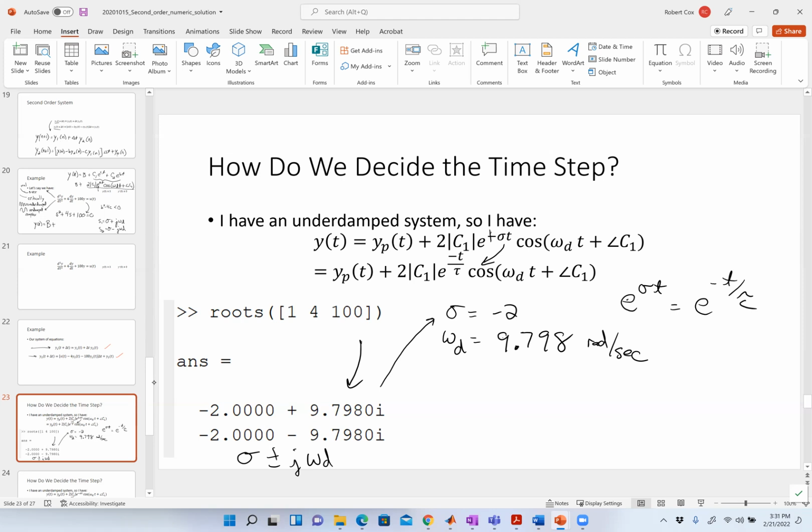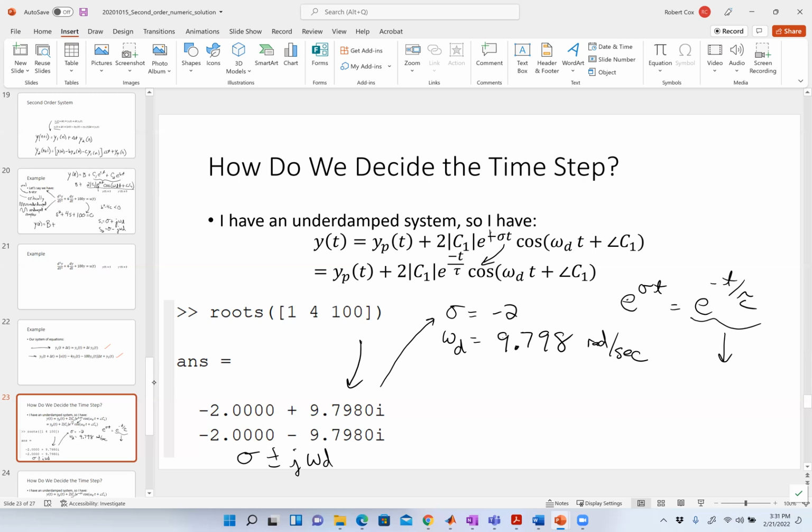And if I had e to the negative t over tau, how long does it take for that to go away? How long does it take for that to disappear? 5 time constants. So this guy's gone in 5 time constants.